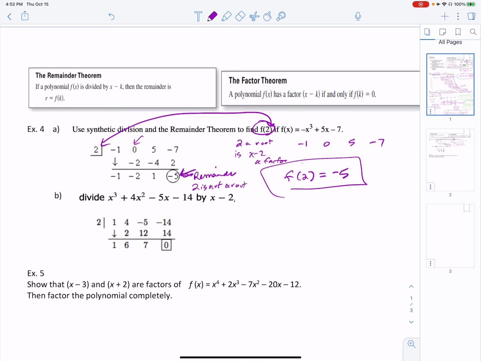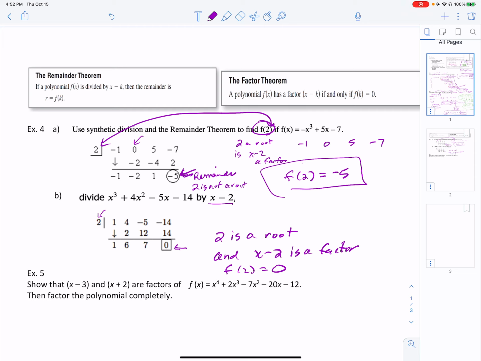Now, if I divide in part B by x minus 2, notice we're using a positive 2 here, the opposite sign here. And notice that this comes out to be 0. That means 2 is a root, and therefore, x minus 2 is a factor, because it means f of 2 is 0.